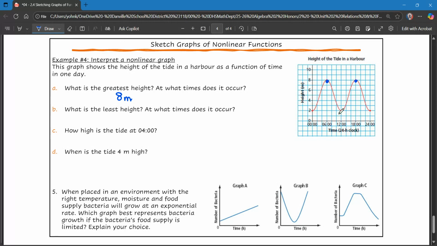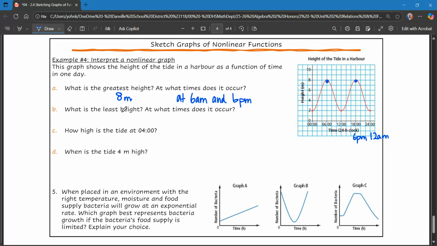Well, this is a 24-hour clock, so this first one is 6 a.m. And then 18 o'clock is 6 p.m. And then 24:00, that's midnight. And so the times that it occurs are at 6 a.m. and 6 p.m.